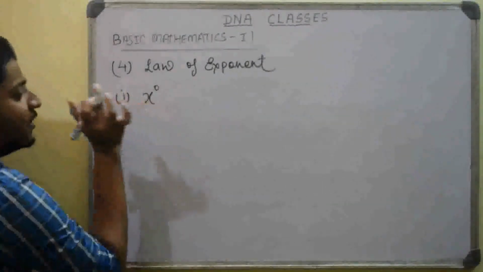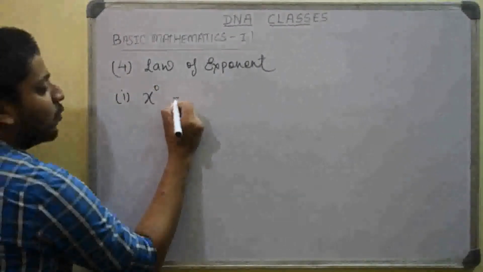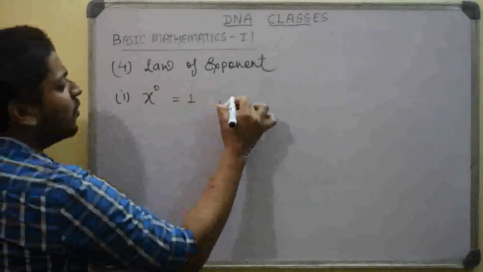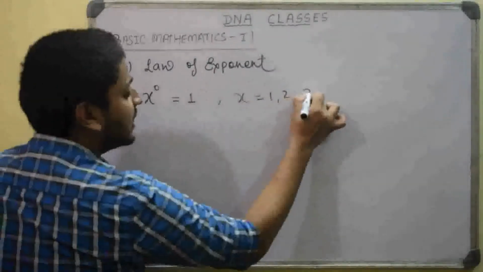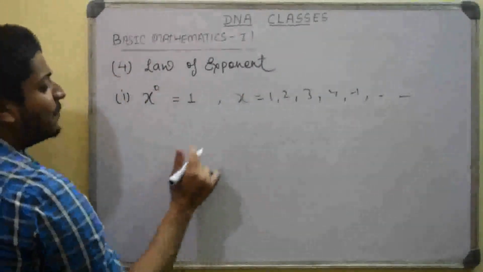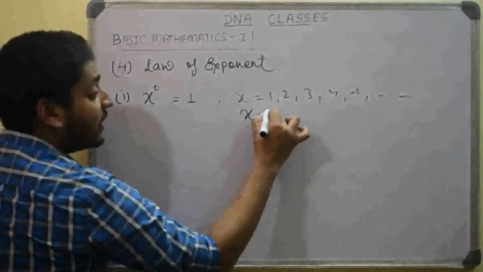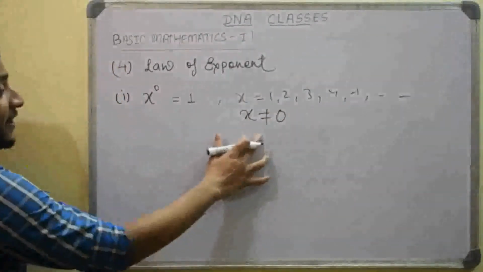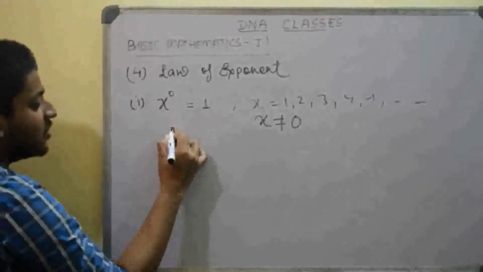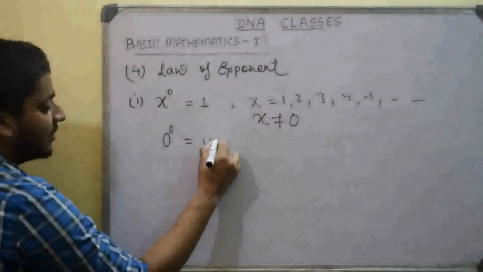I will tell you, x to the power 0 is 1. Here you can take x value anything, say 1, 2, 3, 4, minus 1, anything, except x should not be equal to 0. If x is equal to 0, 0 to the power 0 becomes undefined.